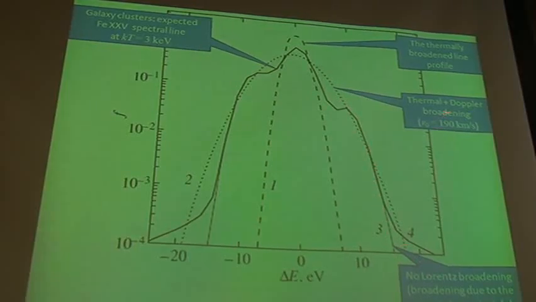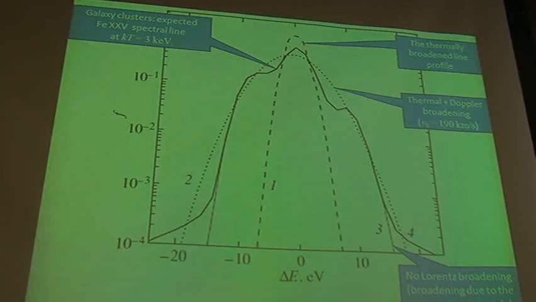It's this. And thermal plus Doppler broadening for a turbulent velocity of 190 is quite significant. So this is purely thermal. This is thermal plus Doppler shifts. Quite a significant change. So these wings here would be informative for the measurements of the turbulent velocity.